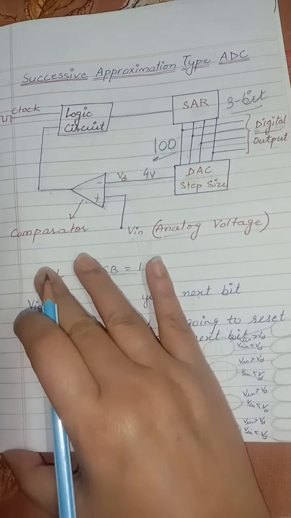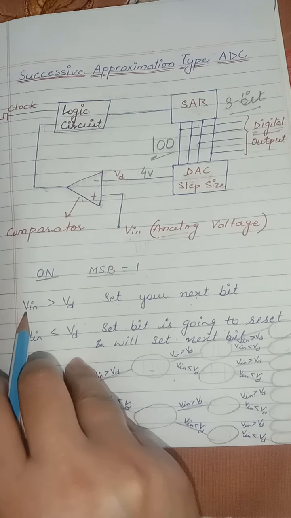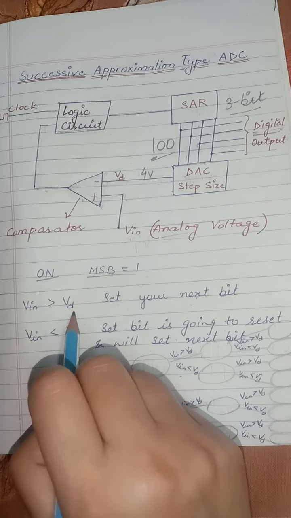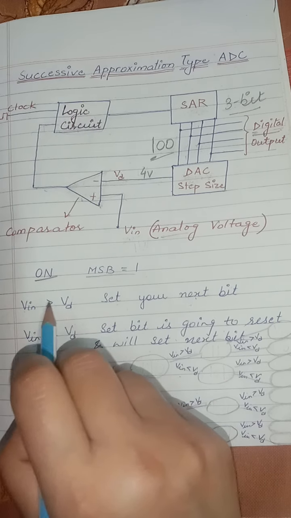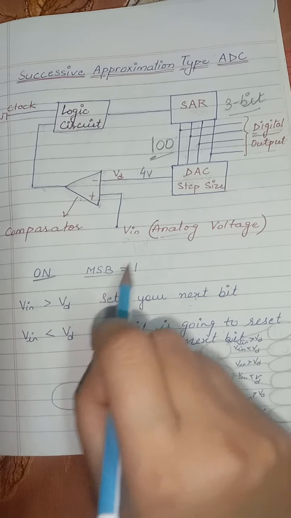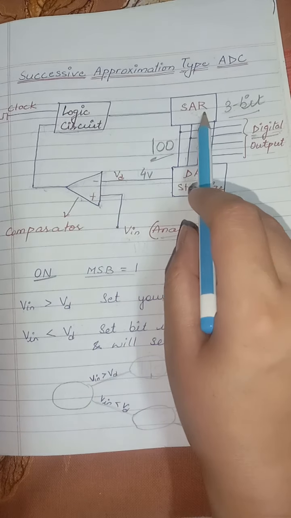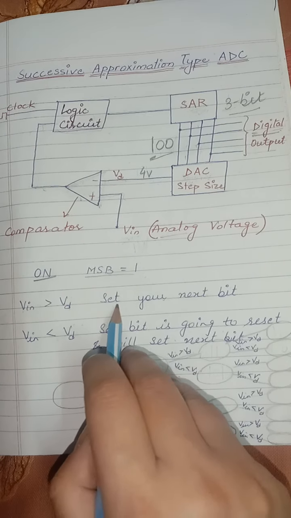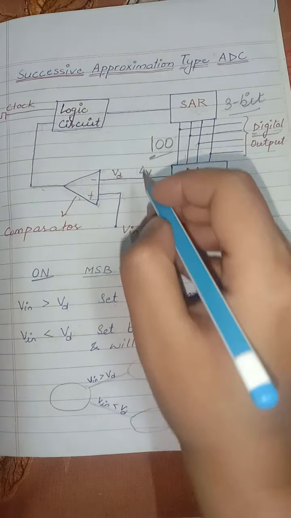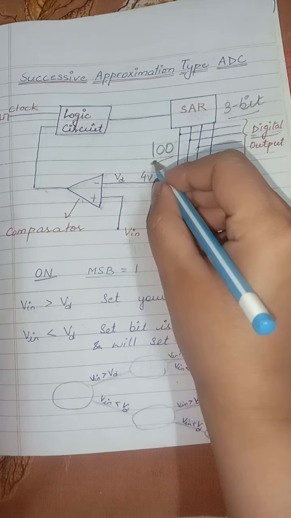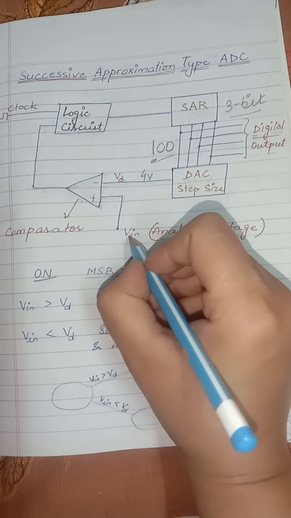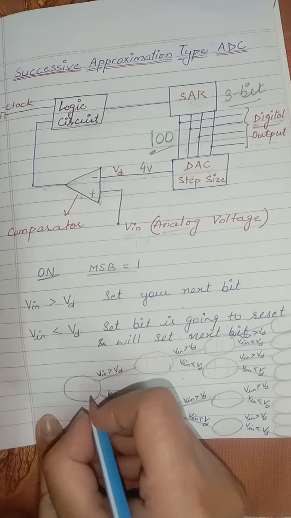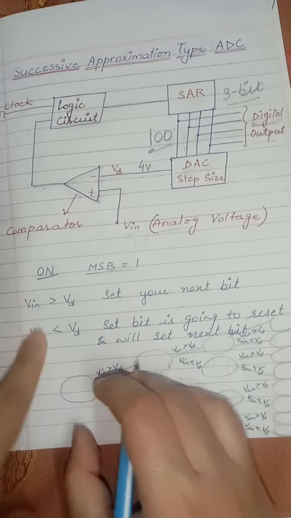Now we have two conditions. VIN, that is this analog voltage being provided, is greater than VD. If this voltage is greater than VD, then the SAR will change the output according to this condition: set your next bit. As this bit is already set, it will set the next bit if VIN is greater than VD. So suppose we are considering the different cases.